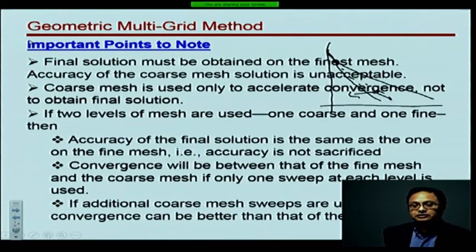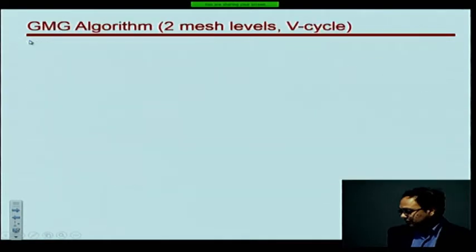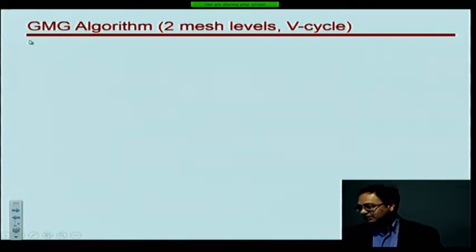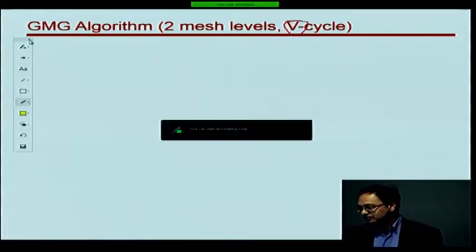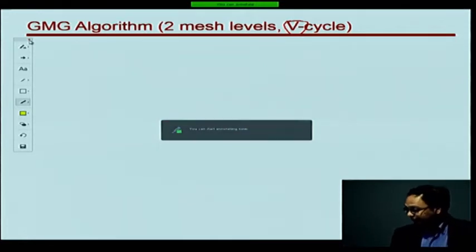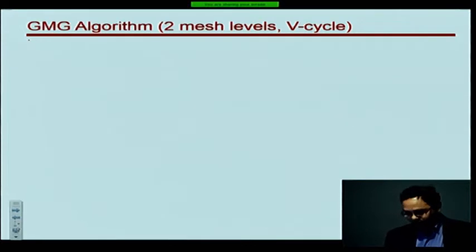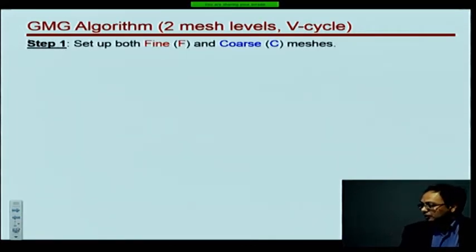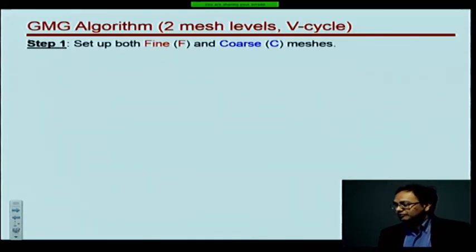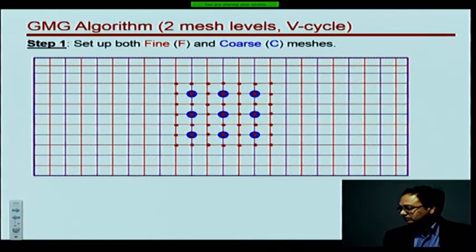Okay, so here is how the 2 mesh level works. Now I'm calling it a V cycle. I'll explain that later on what it exactly means. Okay, for now just ignore that. So first thing is you set up both the fine mesh and the coarse mesh, and in my presentation I've color coded it, so the fine is red and the coarse is blue. Okay, so here's what your mesh arrangement will look like.